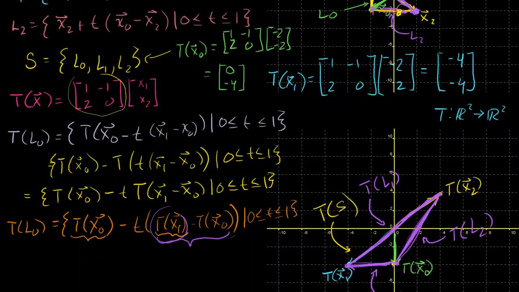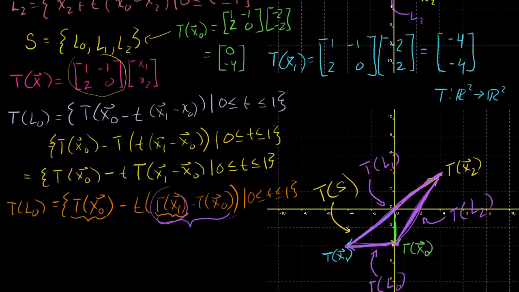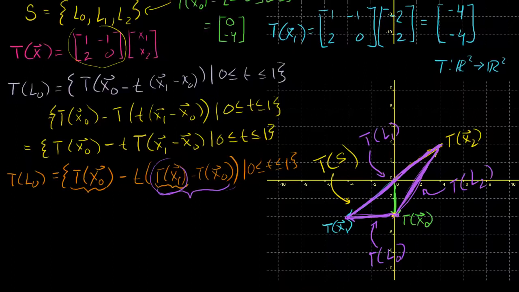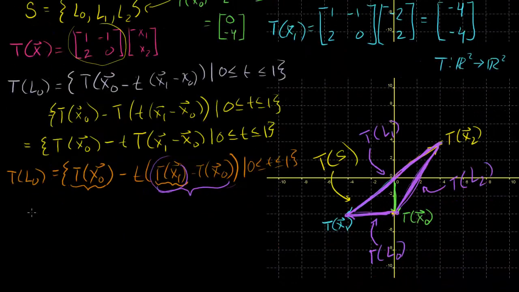And this idea of when you transform one set into another set has some terminology associated with it. Let's say the transformation of L naught. L naught was the set of vectors that specified this line right here. The transformation of L naught is the set of vectors in our codomain that specified these points.